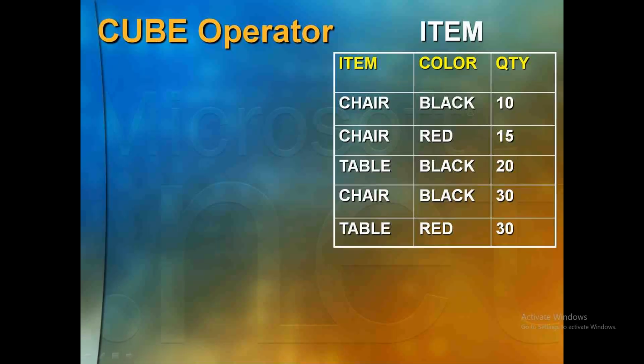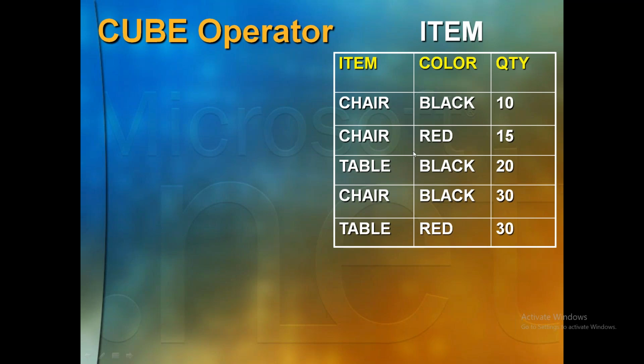Now let us understand, a company is selling a lot of chairs and tables. Chair black color, they sold 10 quantity. Chair red color, they sold 15 quantity. Table black color, they sold 20, and table red they sold 30, right?